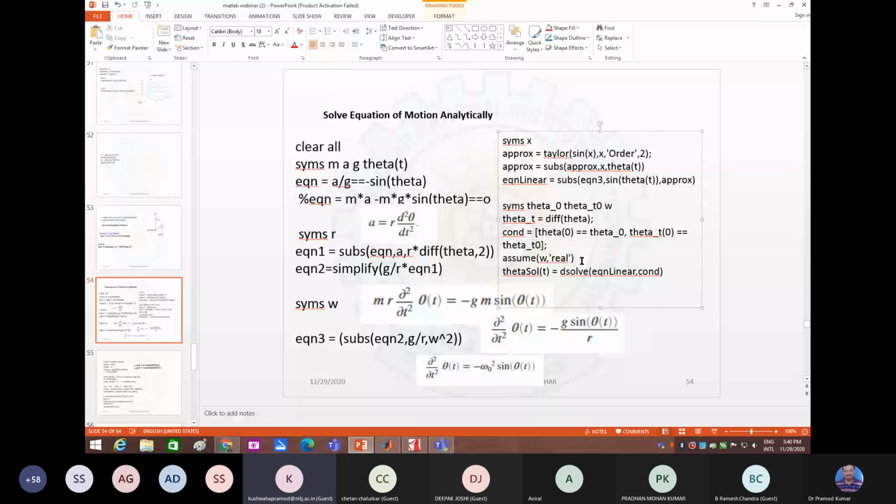As we discussed earlier. After that, we use this default, because this differential equation we want to solve, and that will give the solution of this kind. After that, we put the numerical values.